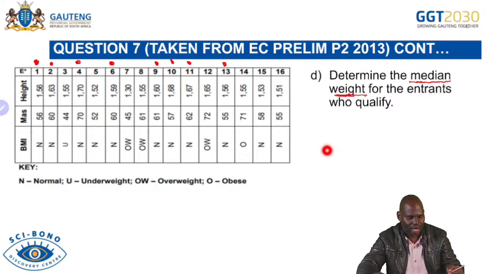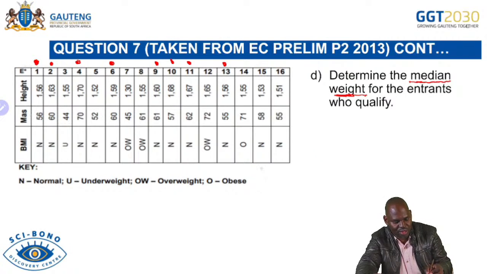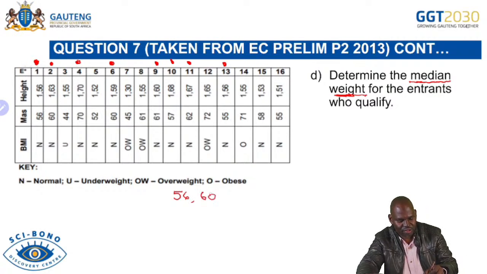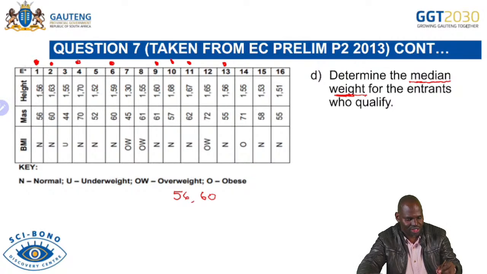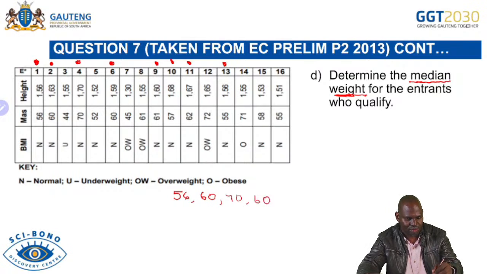Let's first write them down. The weight of entrant number 1, we've got 56. And then we've got 60. And then after 60, we've got 70. After 70, we've got 60. Then after 60, we've got 61.